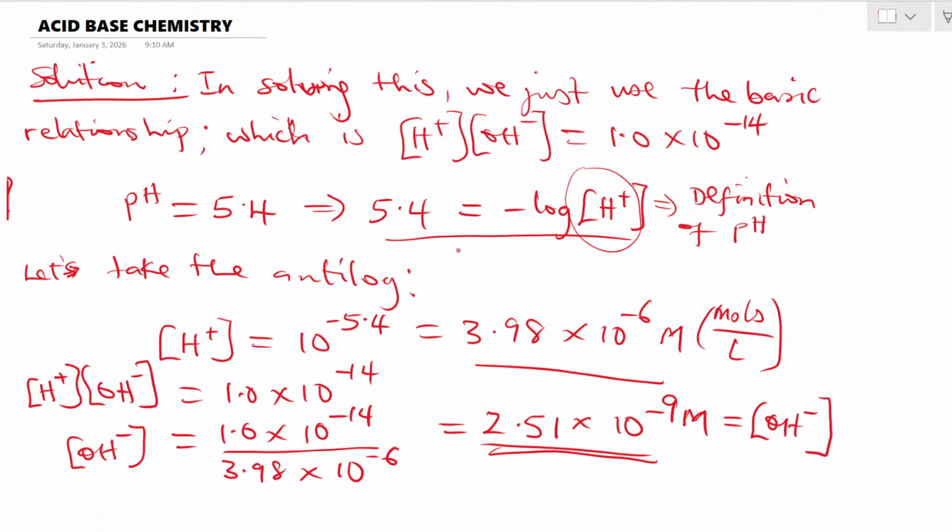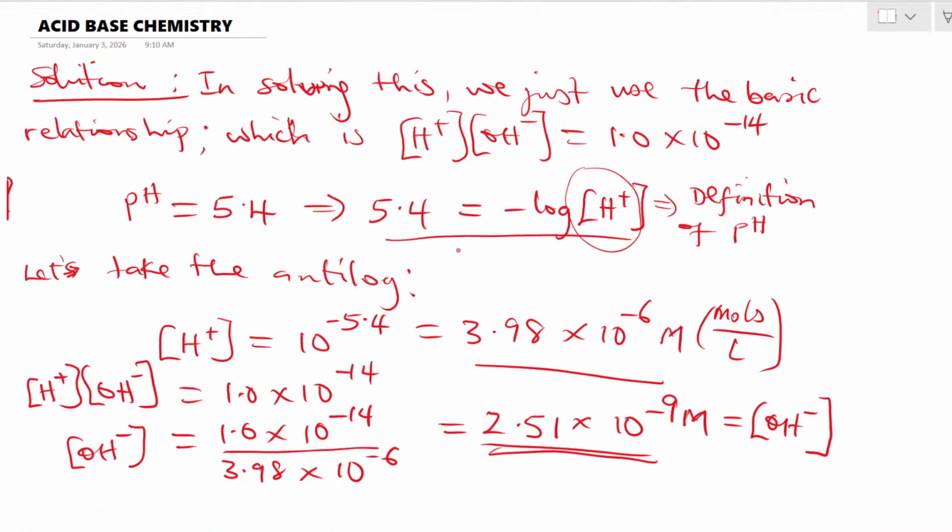But the product of the concentrations of hydrogen ion and hydroxide ion from this constant is equal to what? 1.0 times 10 raised to power minus 14.